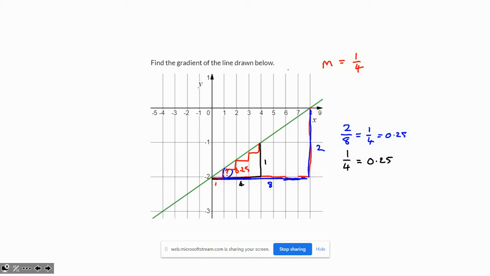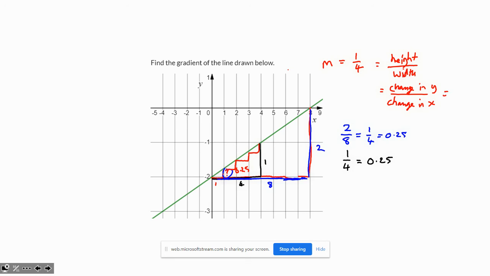And the general formula for that, if we do it in terms of our triangle, is the height of our triangle divided by the width of our triangle. If you were to write it properly mathematically, it would be the change in your y value, your y value being your vertical value, divided by your change in your x value.